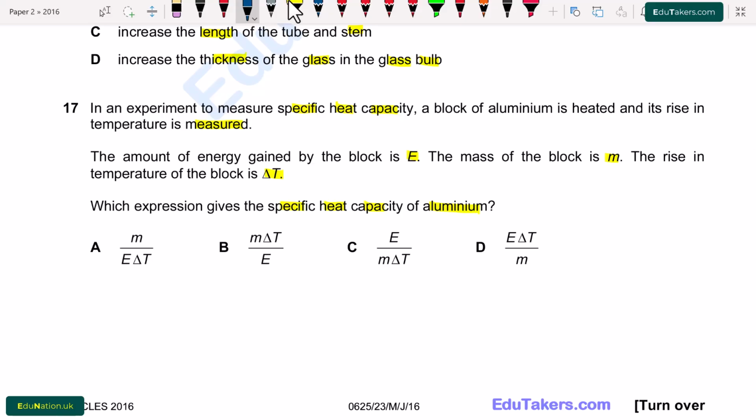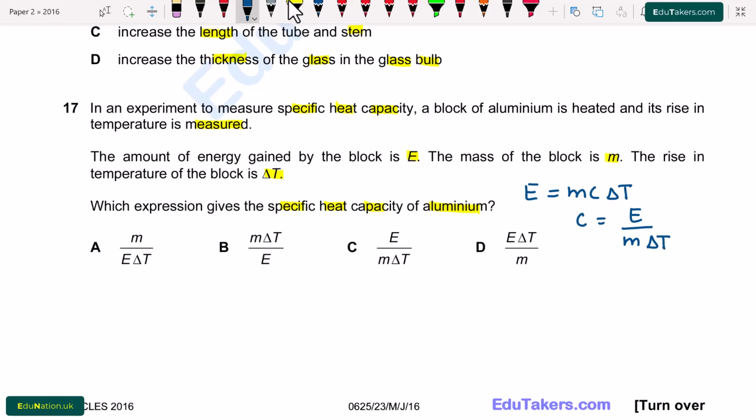Energy E gained by the block will be equal to m c delta T. Here m is the mass, delta T is rise in temperature and c is the specific heat capacity. From here c will be equal to E over m delta T.